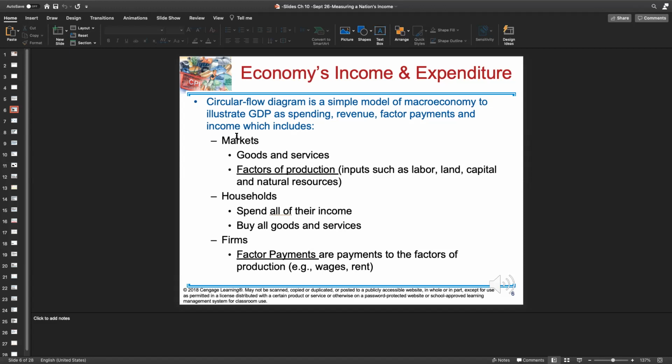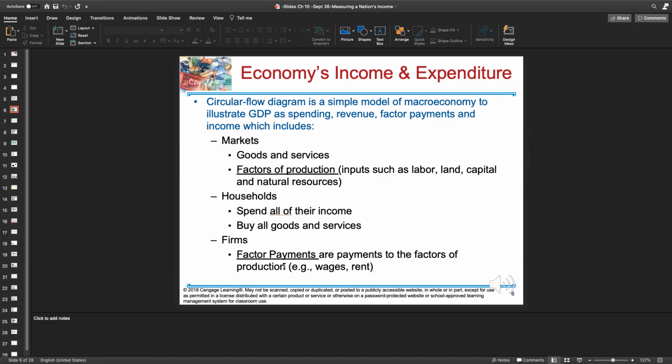This circular flow diagram shows how households spend all of their income to buy goods and services from firms, and the firms in return pay the factors of production in terms of wages and rent.